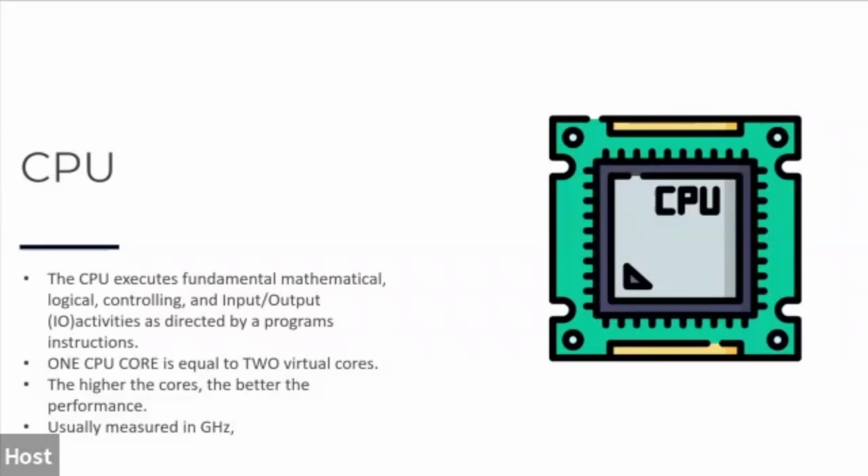I don't know how many of you have heard about i3, i5, i7, i9, and most of your laptops are i3 or i5. What does that mean? They are basically putting a sticker on your laptop saying the CPU that you have in your laptop or desktop is an i3 or an i7. That means it has 7 cores inside it.